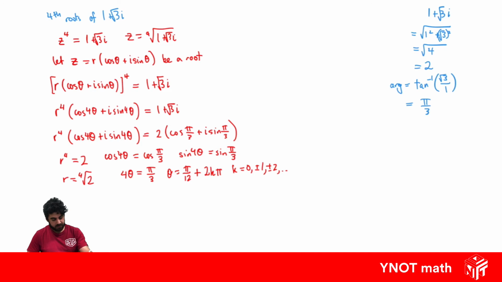So we get z equaling the 4th root of 2 outside of cos of pi on 12 plus 2k pi plus i times sine of pi on 12 plus 2k pi.